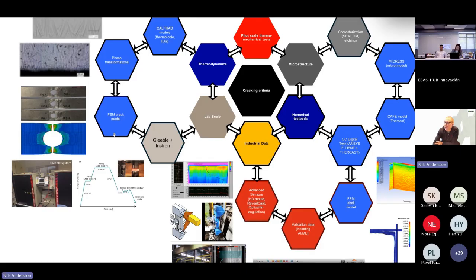We bring this together in a theory base, and from there we can understand the mechanisms of the crack formation, or get some idea of it anyway.